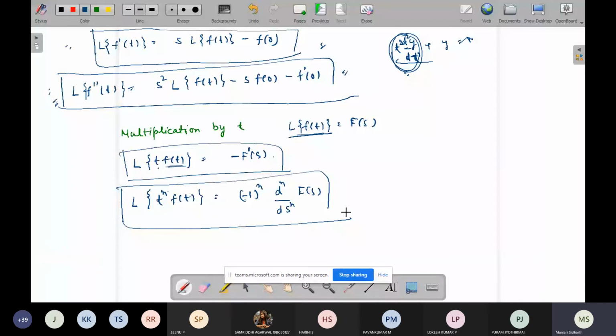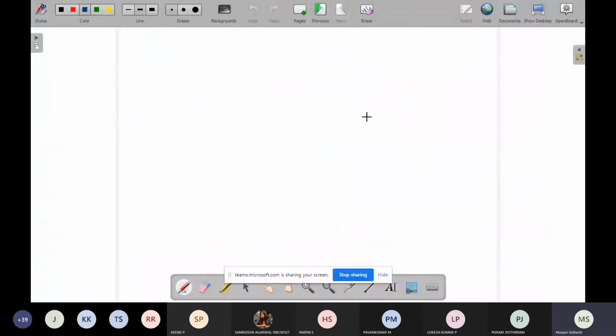So I'll give you one simple example of how to solve a differential equation using the Laplace transform. First one, I'll take a homogeneous differential equation.